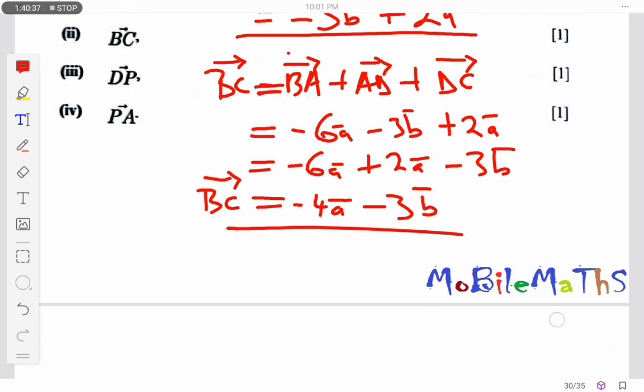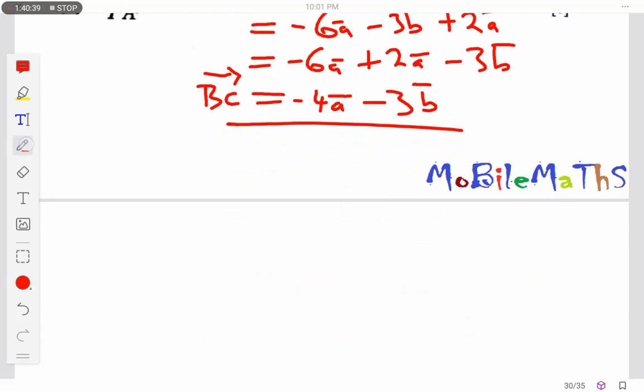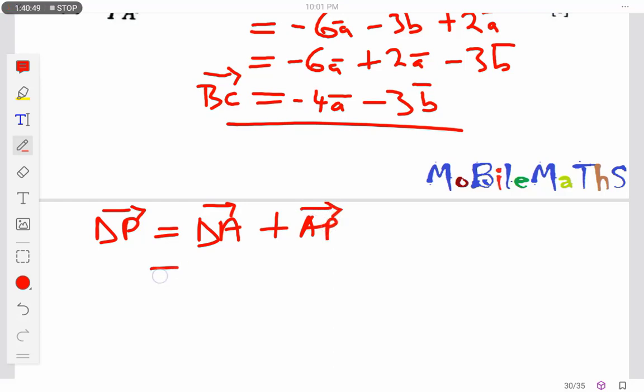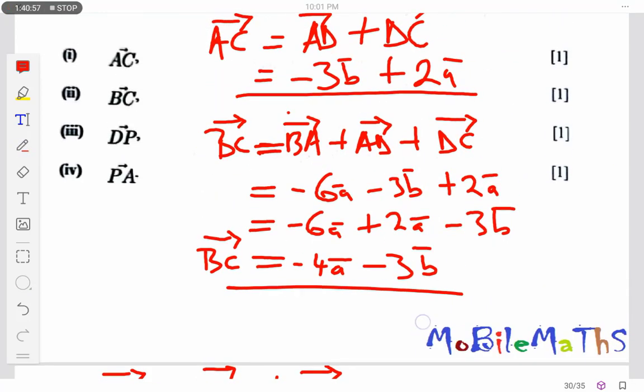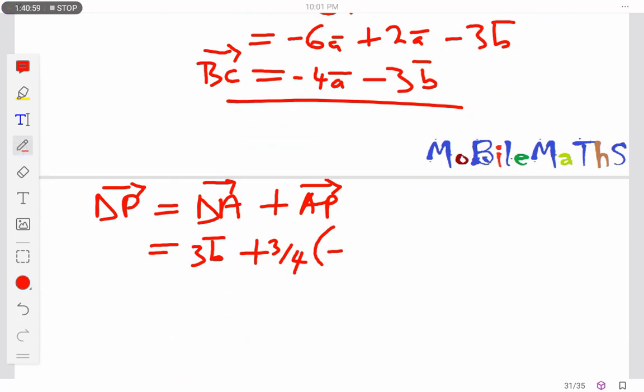So my DP is going to be equal to DA plus AP. Okay, so this is going to be 3b plus 3 over 4 of AC there. Okay, so this is minus 3b plus 2a, like that.